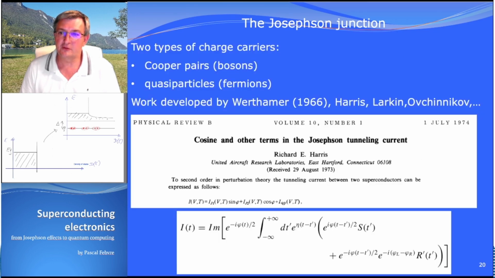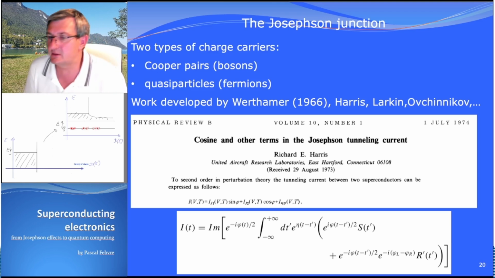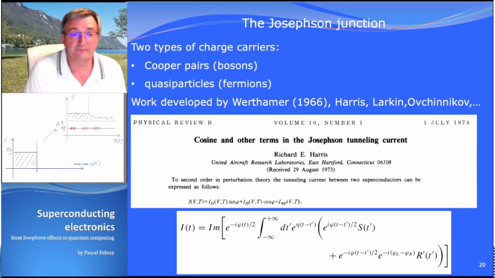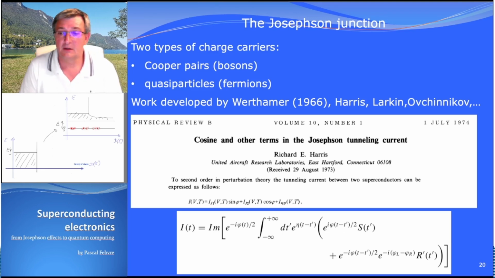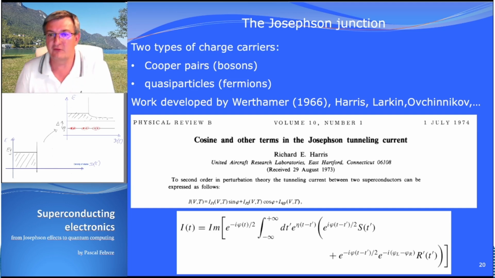So after Josephson made his theory, there have been some people trying to understand how it works, how the currents evolve in this device. As I said, there are 2 types of carriers: Cooper pairs, which are bosons; and quasi-particles, which are fermions.